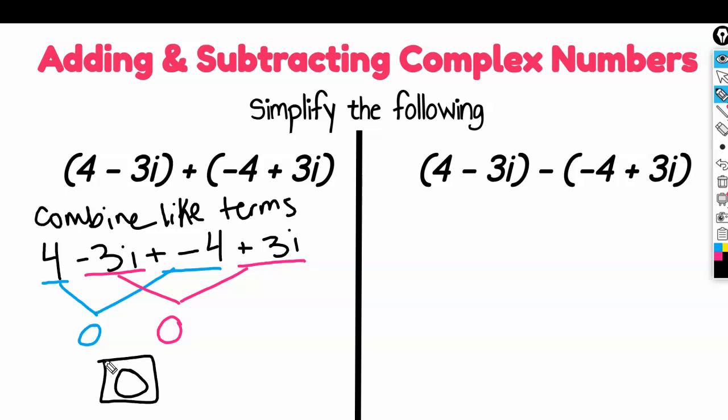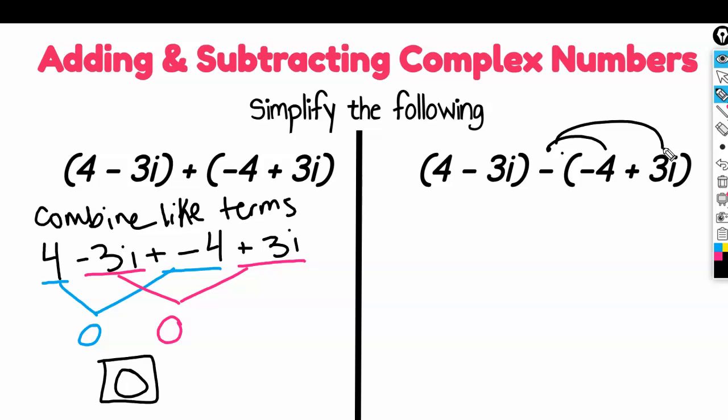For my next problem, I have subtraction. Now remember, with subtraction, something that changes is I need to distribute this negative. And what that negative is going to do is it is going to change the signs of the numbers that are inside of that parentheses.